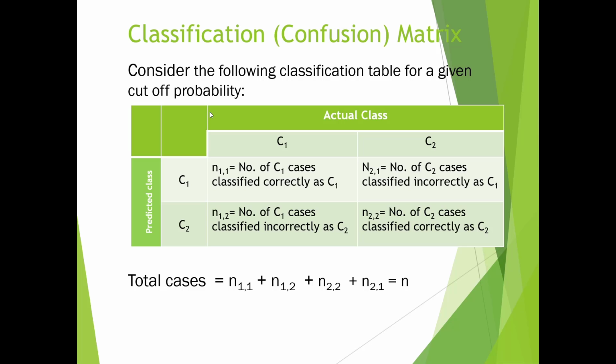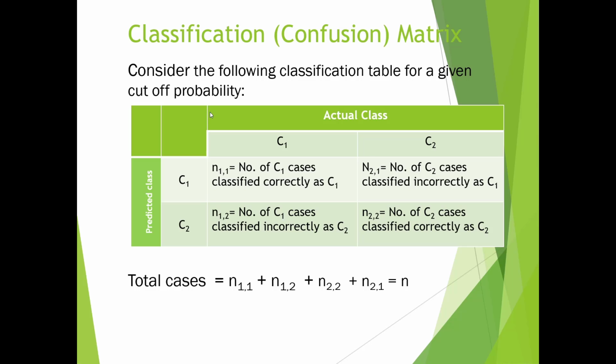So you have the actual class, let's call them C sub 1 and C sub 2. Now, based on the propensities and the cutoff point, you're going to have a predicted class. So you're going to predict a particular observation as either C1 or C2.